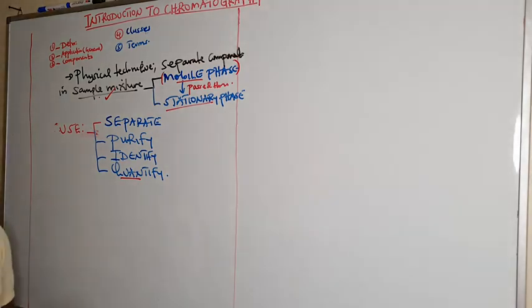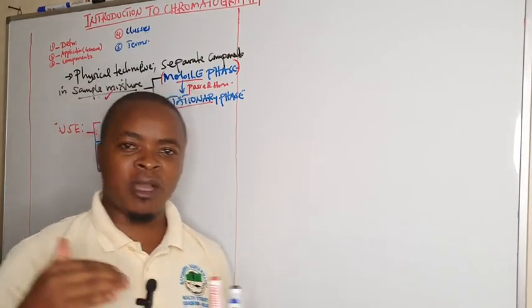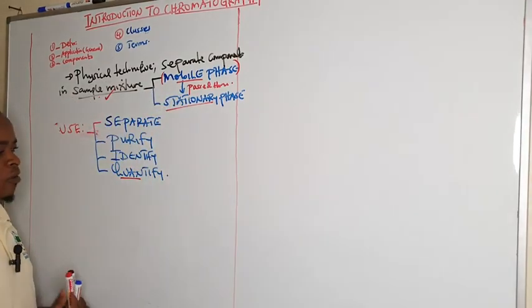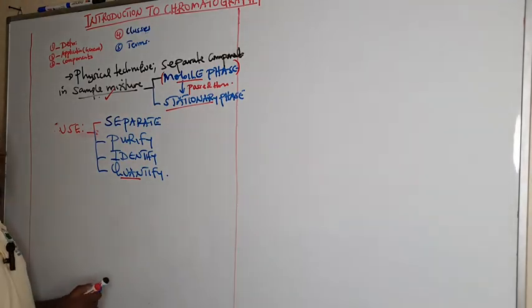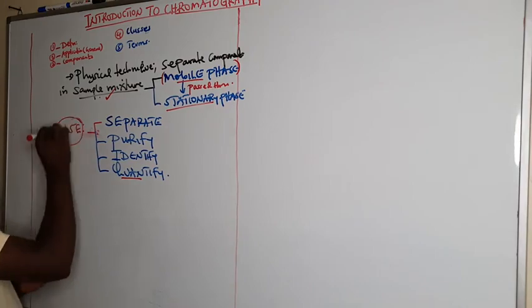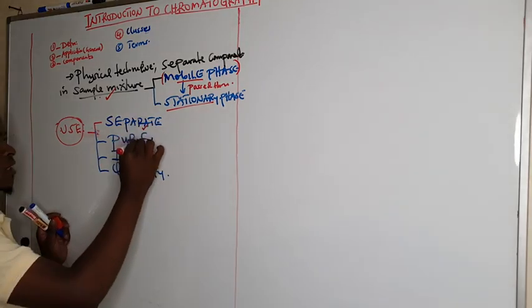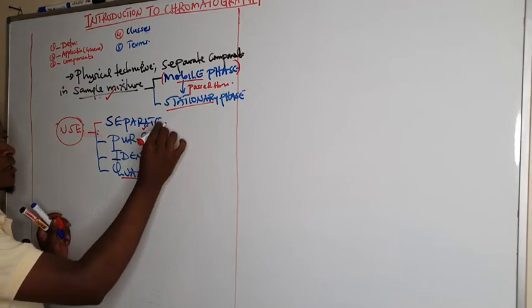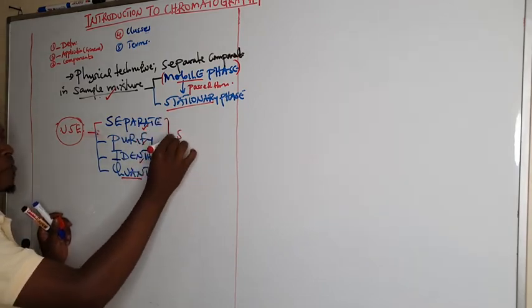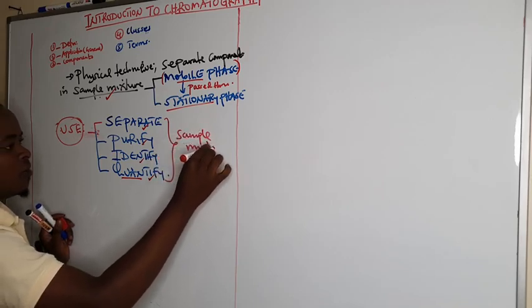If it is an impurity, how much impurity is in this drug, or how much impurity is in the herbal medicine you're trying to develop. So that is the use or application of this chromatography in separating, purifying, identifying, and quantifying components in the sample mixture.